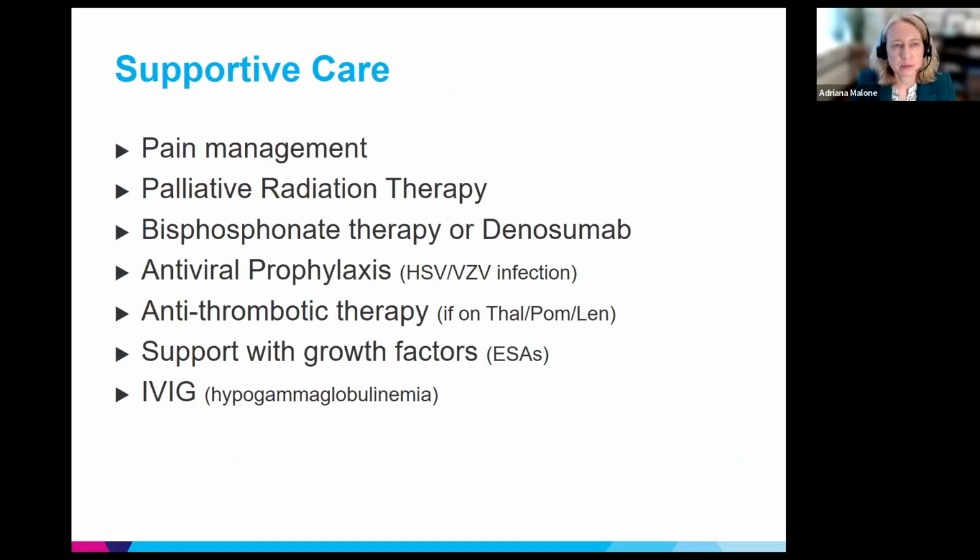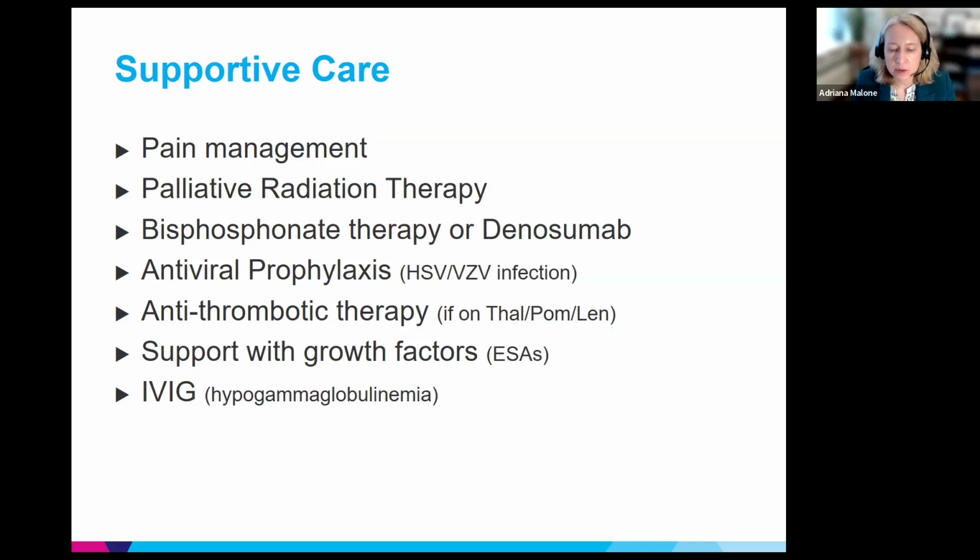Supportive care is extremely important for multiple myeloma. Pain management is key, given the many effects on the bones and the potential for pathologic fractures in our patient population. Palliative radiation therapy may be incorporated for the management of uncontrolled pain, or for impending pathologic fracture or impending cord compression.